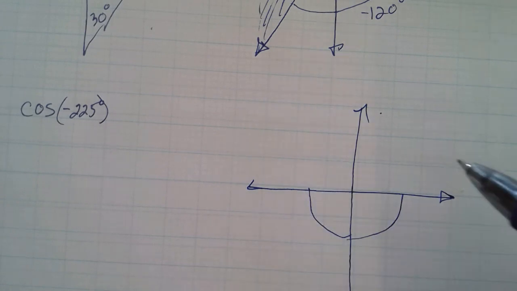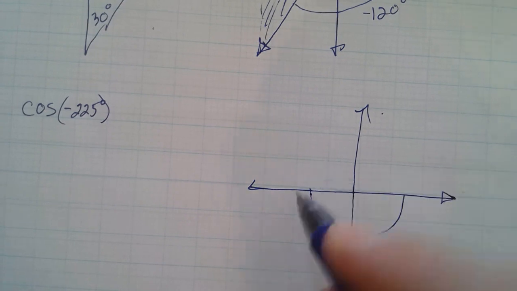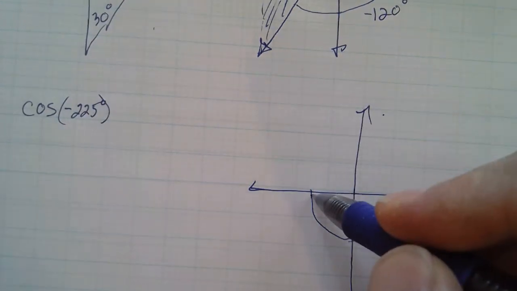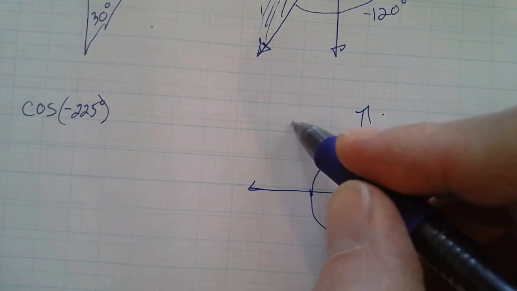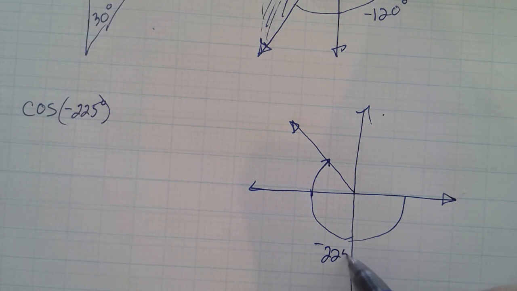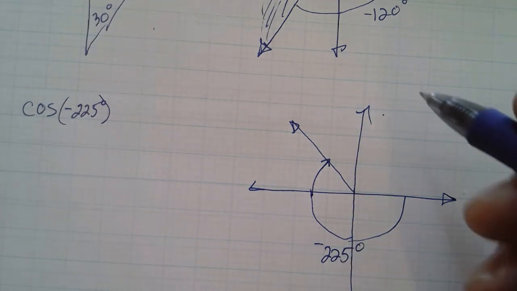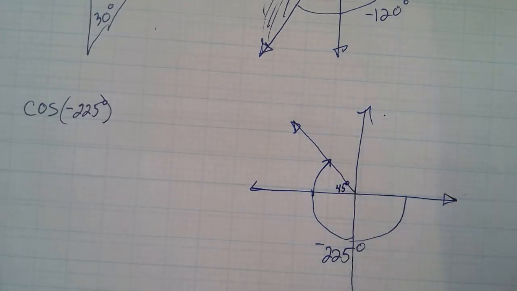There's negative 180. We don't go all the way to 270. So from 180, that's 45 beyond there. So there's my angle. There's my terminal side. That's a negative 225 degree angle. If this is 180, that leaves a 45 degree reference angle.